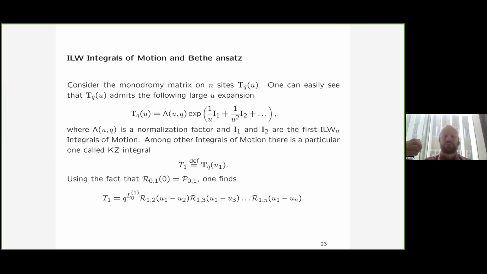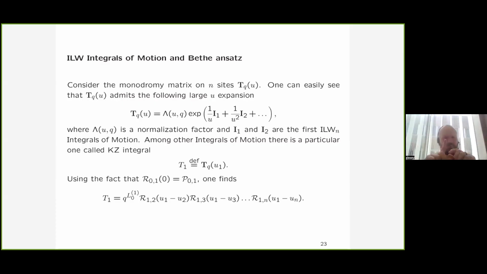The twist goes through the total L naught, the L naught in the auxiliary space in which I'm taking the trace. You can twist with the L naught operator, and then you expand, as usual, the transfer matrix at some point here at infinity, and you obtain, let me call them, semi-local, quasi-local integrals of motion.